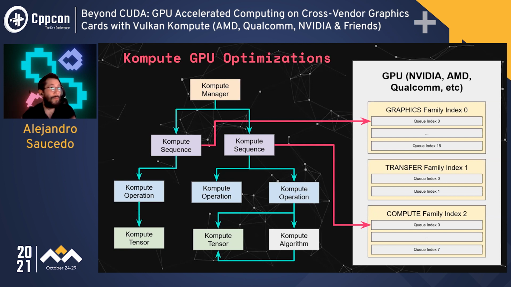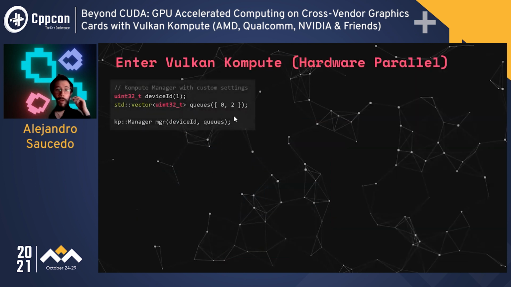But this is actually really interesting, given that different GPUs may allow you to leverage some of these types of optimizations. Now, what this is going to look like in our actual code is very similar. The only difference is that we're going to start using some of the more advanced interfaces of compute. As you remember, in the previous example, we initialized the manager without any parameters.